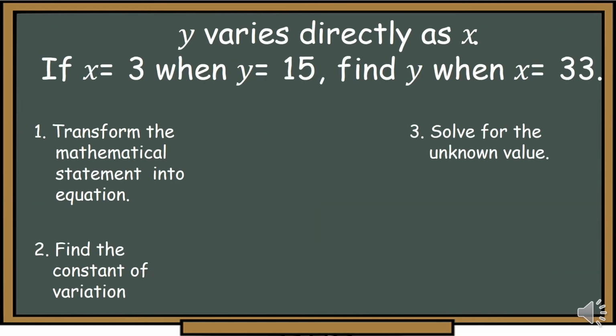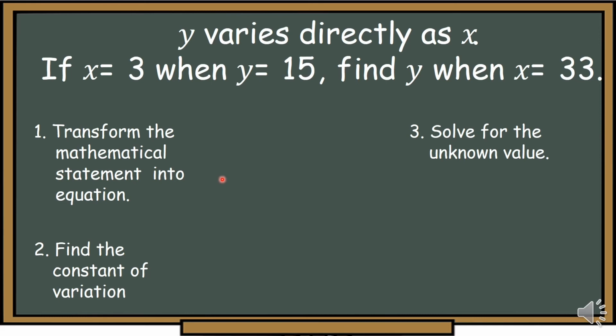Alright? So let us now solve the given problem. So given y varies directly as x, the question is, if x is 3 when y is 15, find y when x is equal to 33. So yes, we will be following 3 steps.